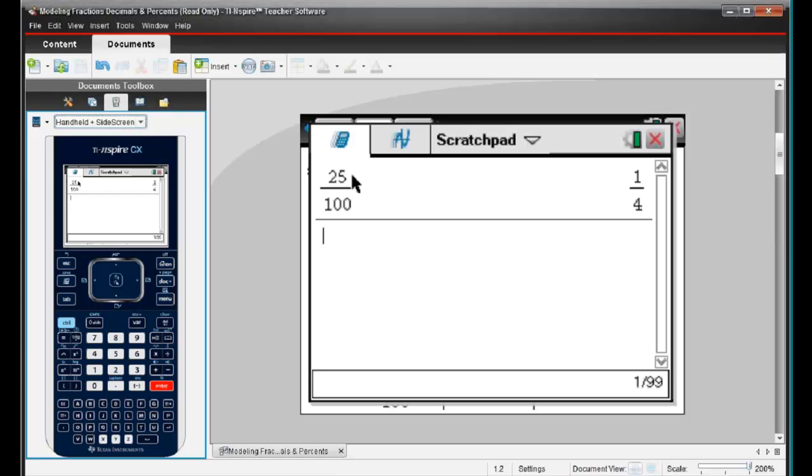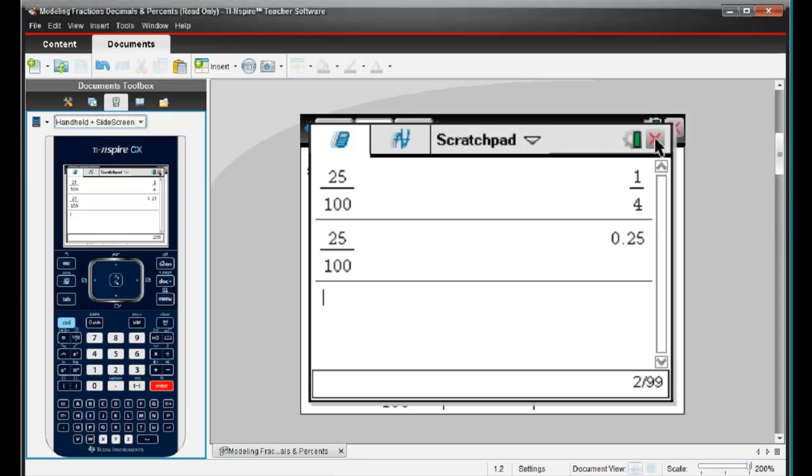So we could have this whole side conversation about the relationship between 25 over 100 and 1 over 4. But we're going to go straight to our decimal representation by pressing Control and Enter. And that's showing us that 25 divided by 100 is 0.25.